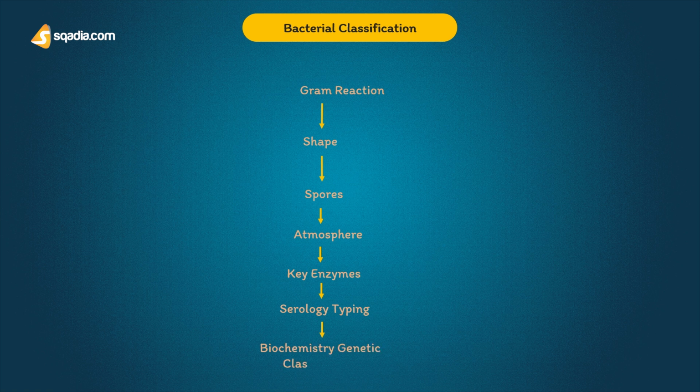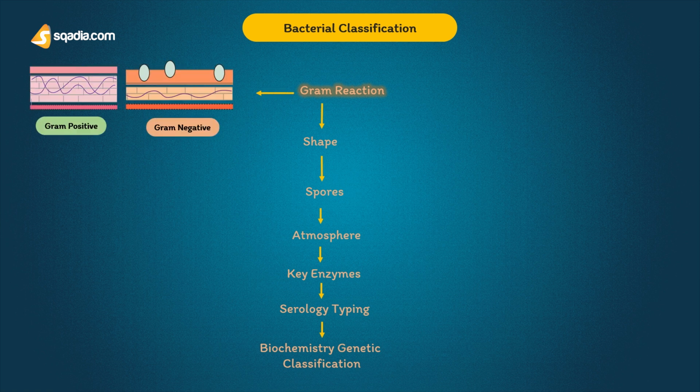Now getting into their explanation one by one, first we have the gram reaction. Gram-positive and gram-negative bacteria respond to different antibiotics. Other bacteria, such as mycobacteria, may require special staining techniques. Gram-positive cells have a thick layer of peptidoglycan in the cell wall that retains a primary stain called crystal violet.